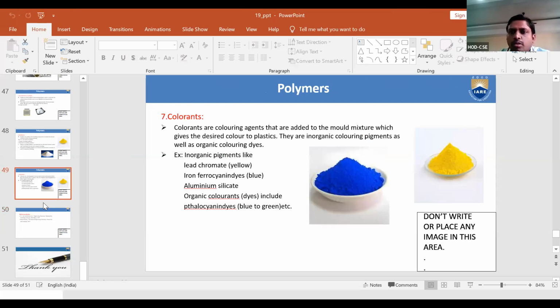Stabilizers are added to molding components to improve thermal stability of the plastic during the processing.